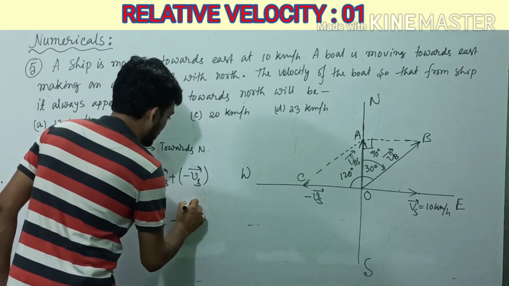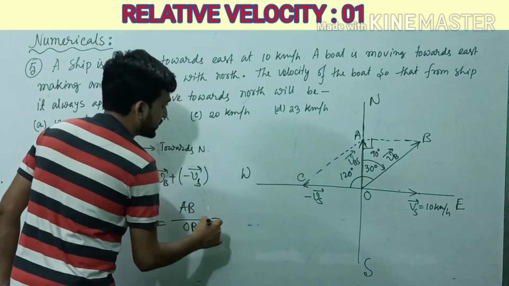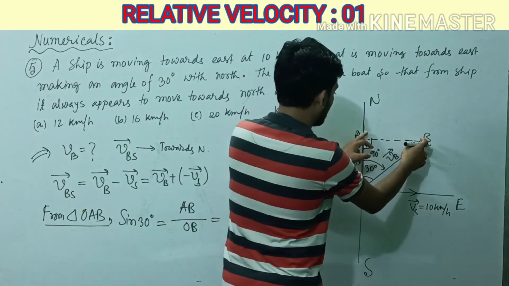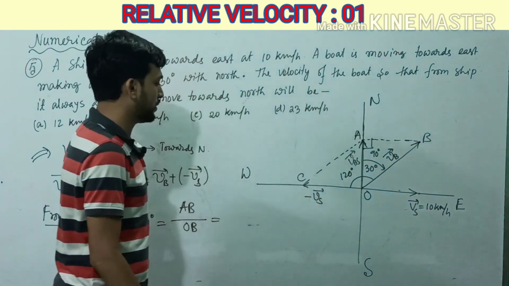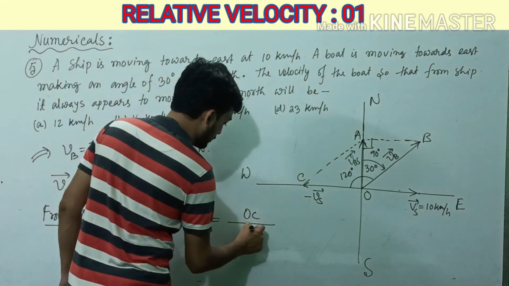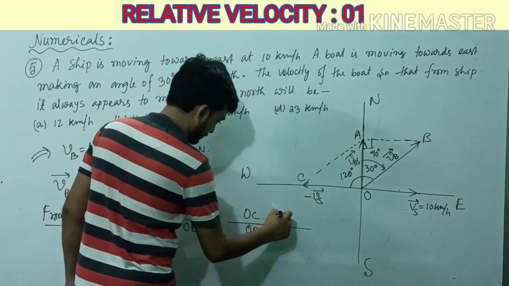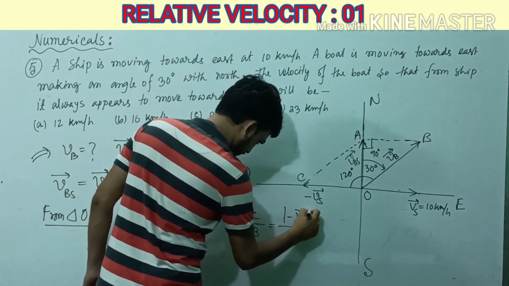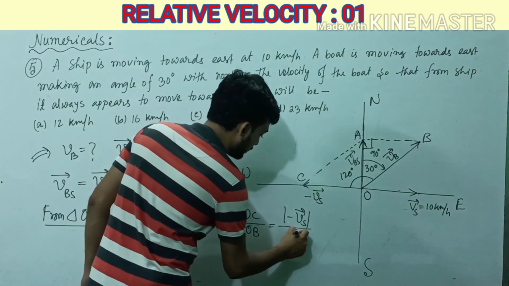So we can write AB by OB. Now what is AB? AB will be exactly equal to OC, because opposite sides of a parallelogram are equal. So we can write here OC by OB. What is OC? Mod minus VS. What is OB? OB is mod VB.